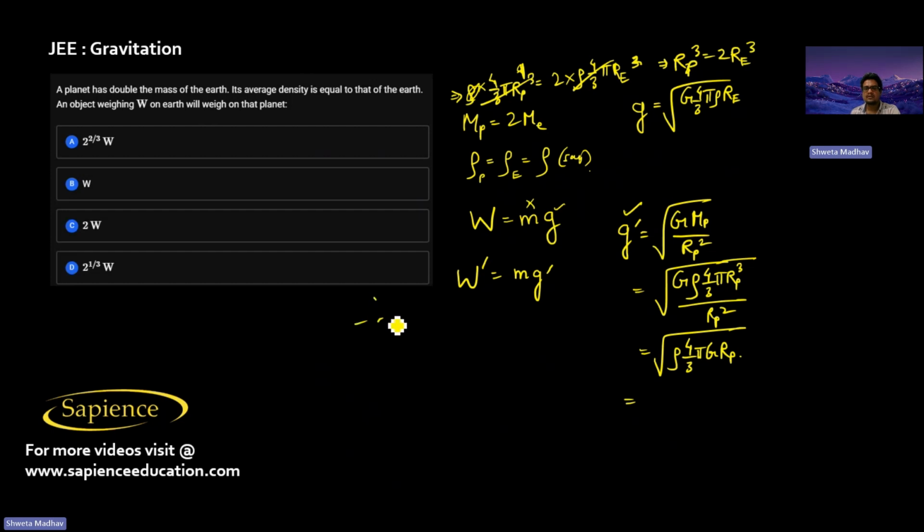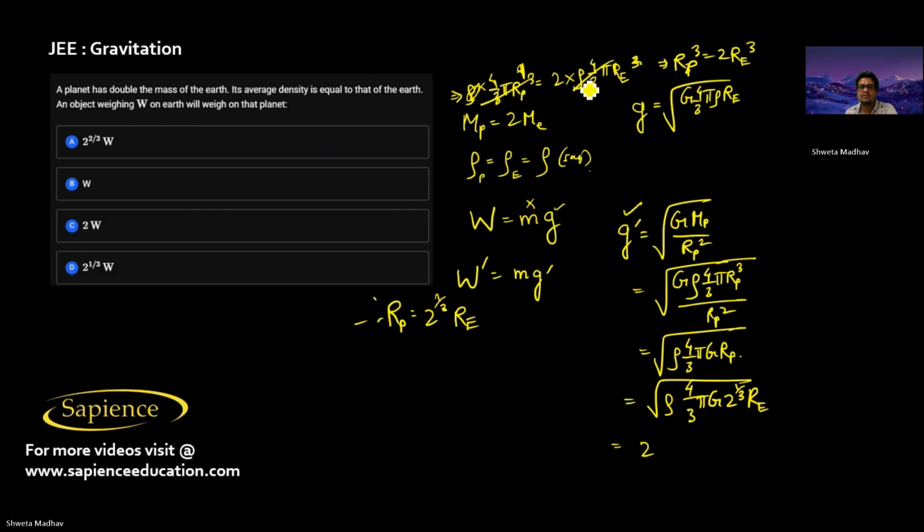So RP cube is equal to twice RE cube. Therefore, we can say the radius of that planet is 2 power 1 by 3, meaning the cube root of 2, times the radius of Earth.